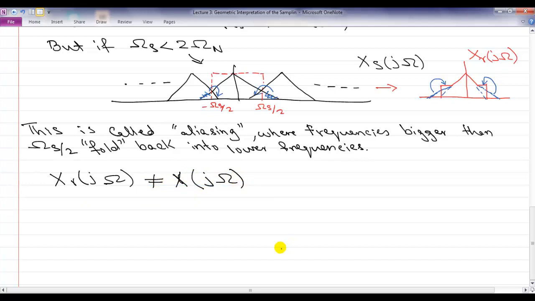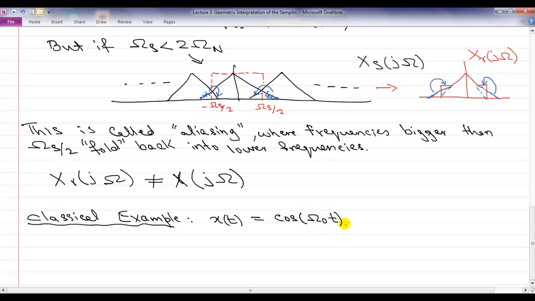Now in case you can't see this folding happening clearly, the classical example that is given for that is that of a pure sinusoid. Take x(t) equal to just one sinusoid, cos(ω_0 t), which of course I can write as (e^{jω_0 t} + e^{−jω_0 t})/2.